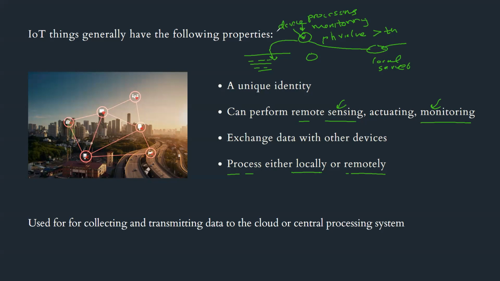So they can do processing at the device level or processing at the server level. The data collected at the thing is transmitted to the cloud or the central processing system, right? So basically the thing is collecting data, maybe making some decision, and then transmitting data to the cloud or the central processing system.